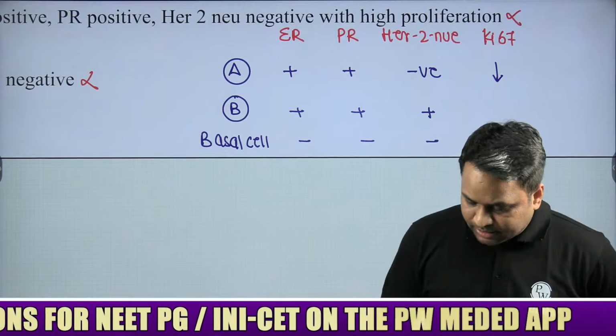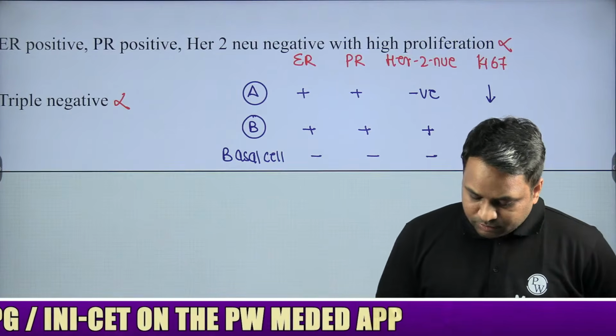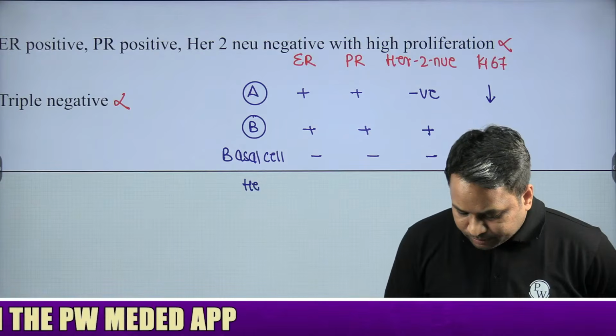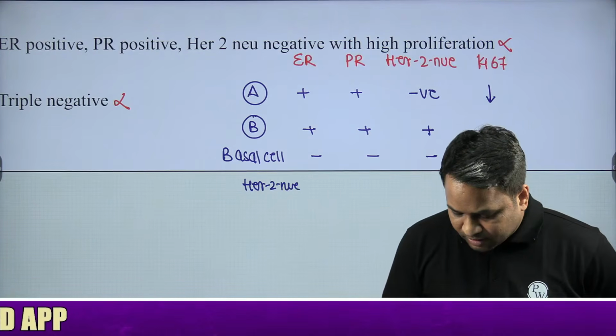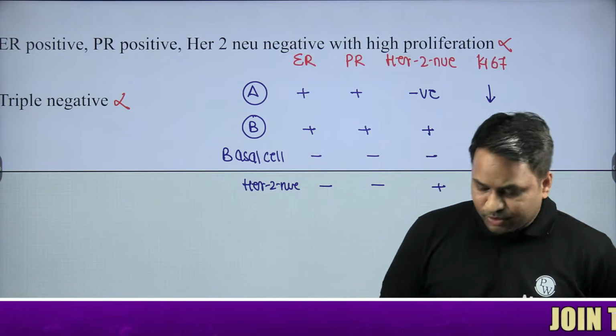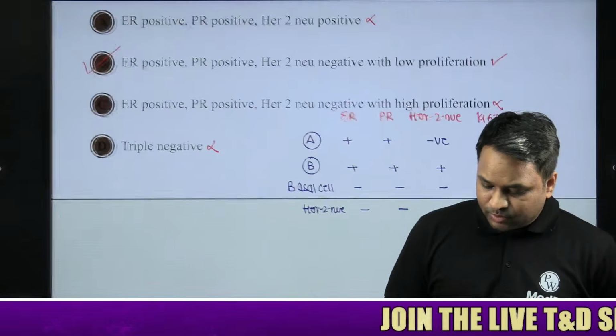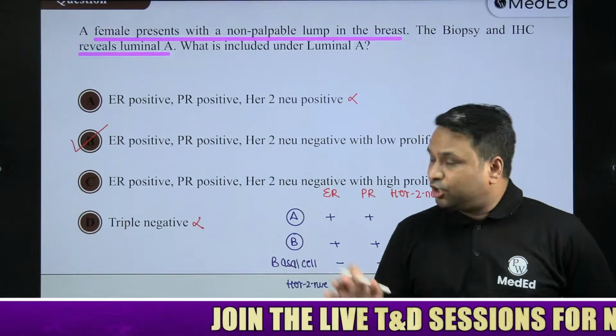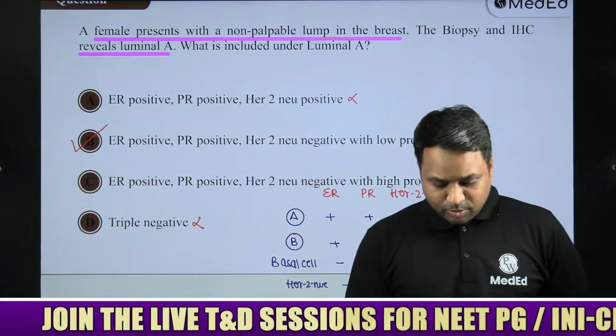So this is with respect to the HER2 neu type. This is your luminal A variety, which is going to be B for Bombay.